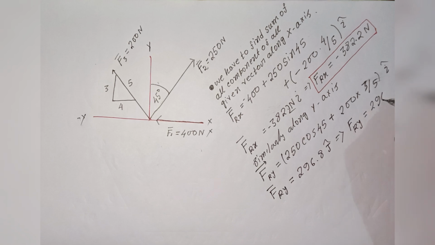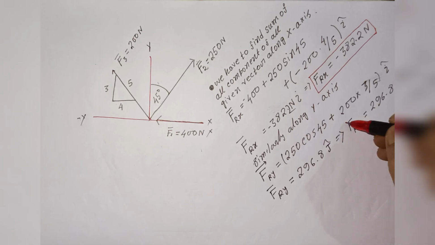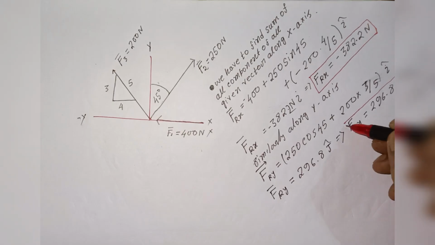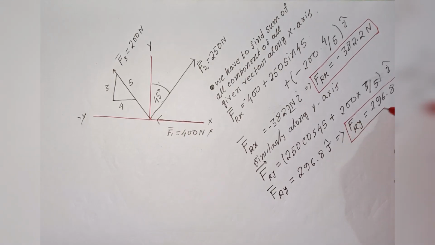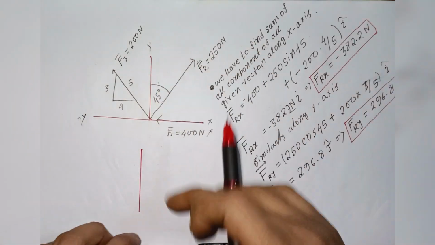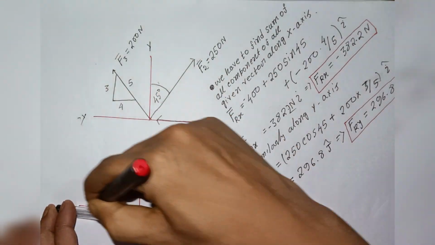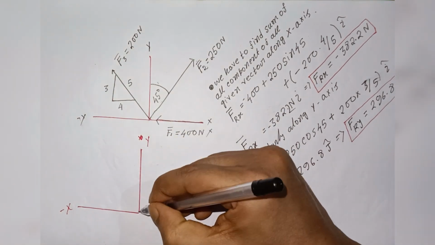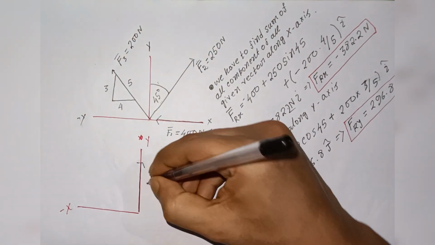We have two forces: one along the x-axis and the other along the y-axis. Again we draw a graph with the x-axis and y-axis. Draw the negative x-axis and the positive y-axis, then put in the values of FRX and FRY.